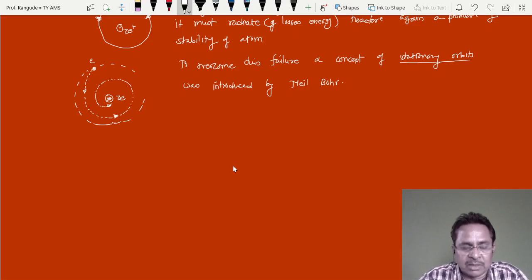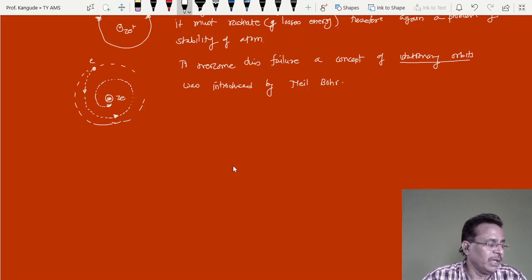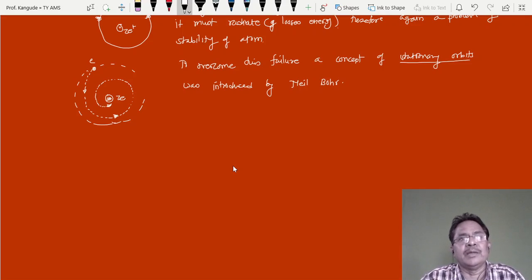This concept says that whenever the electron is in a stationary orbit, it doesn't radiate, it remains in that orbit forever. So there are certain allowed orbits wherein the electron, whenever it is found in that orbit, is not supposed to radiate.